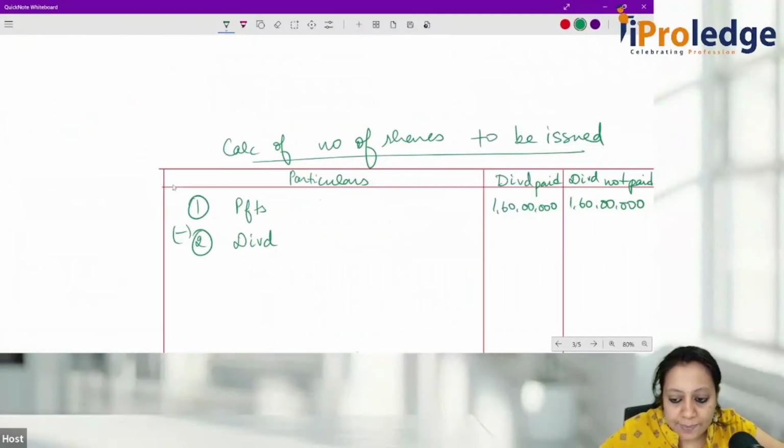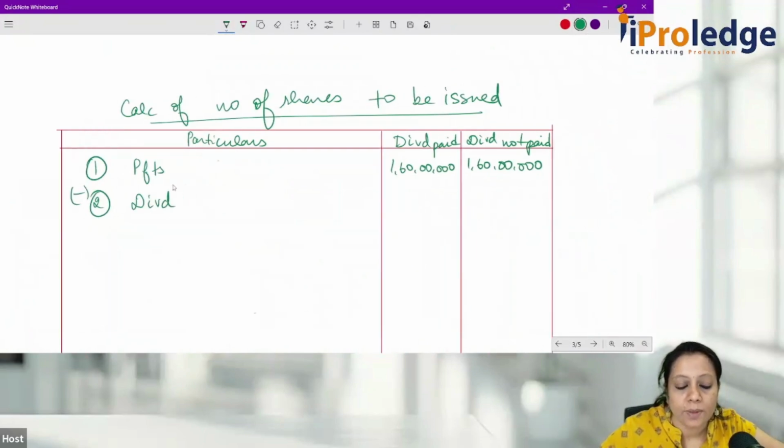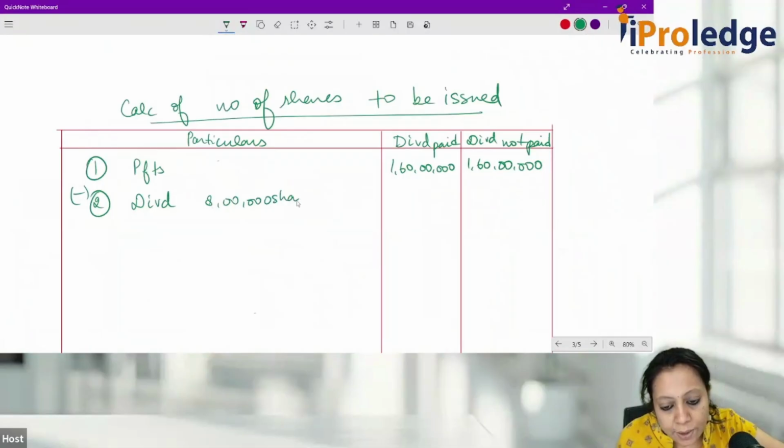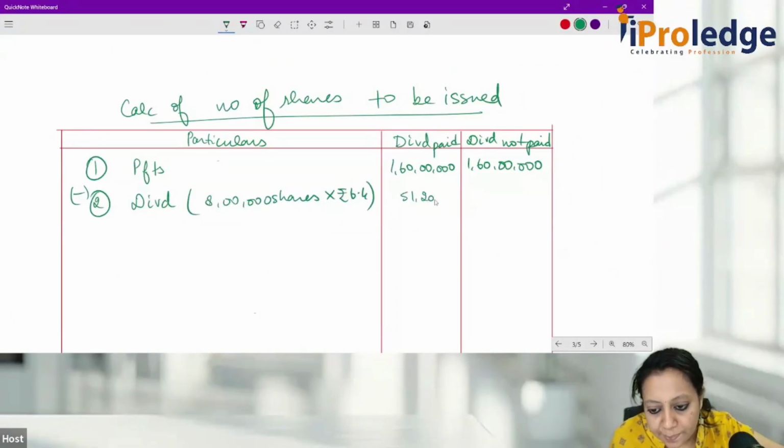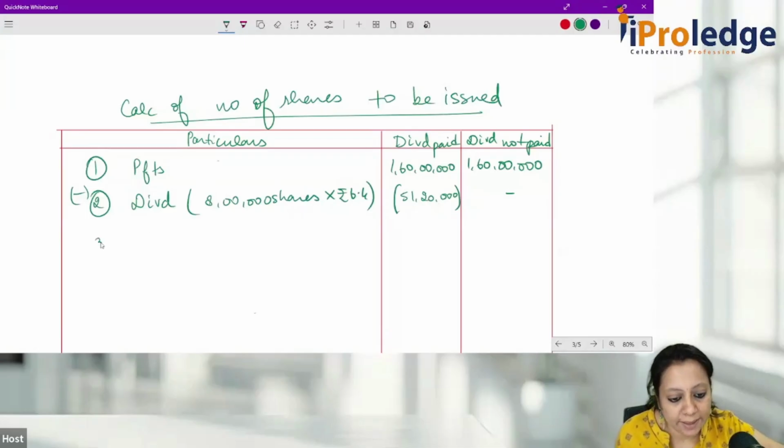So 8 lakh shares into rupees 6.4. How much is that, students? So are we getting 51 lakh 20,000? Of course it is only for the first column. Second column, dividend is not paid, so nothing will come.